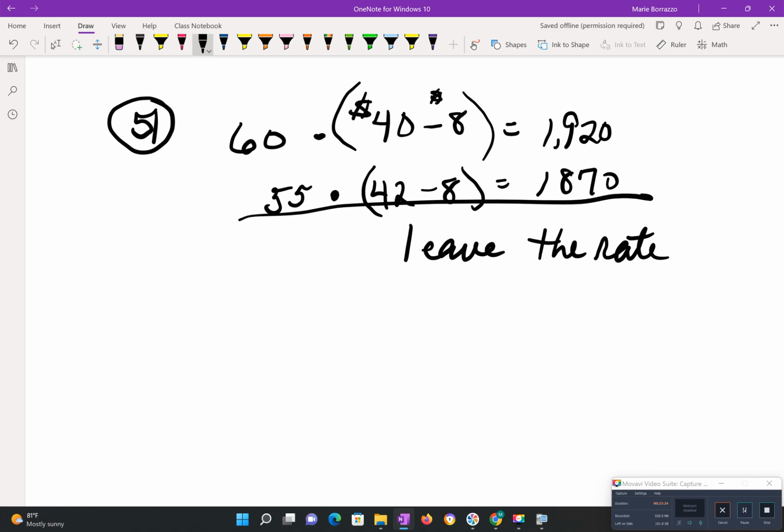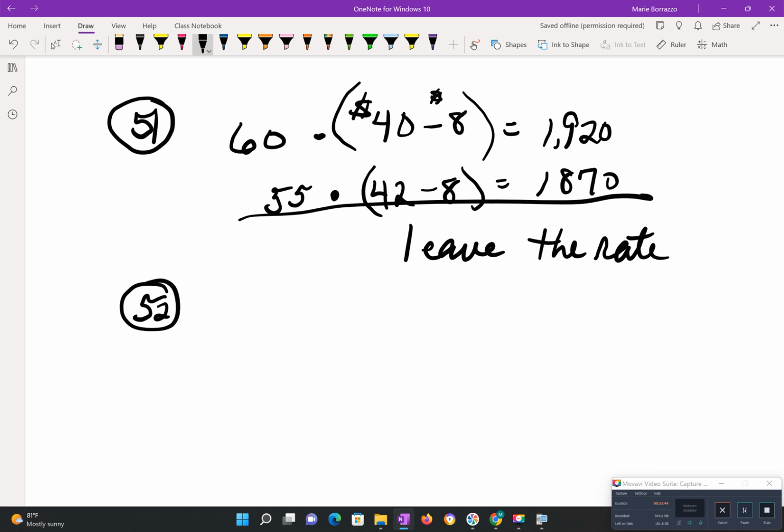Okay, question 52 is another one of these where you would actually have to determine, let me see. So this is what they're giving you. They're giving you the average manufacturing cost.